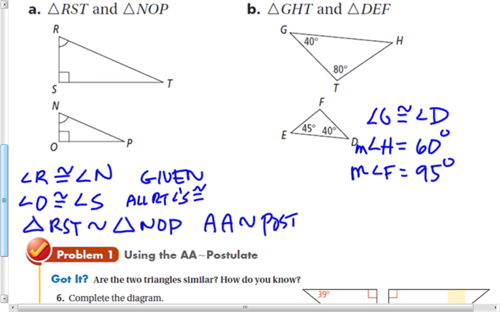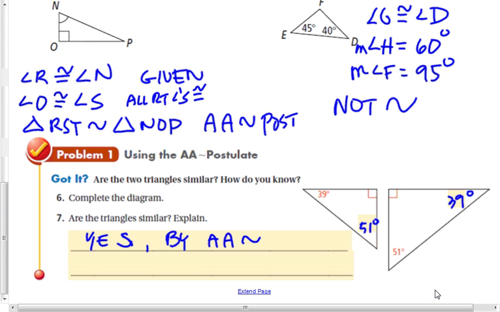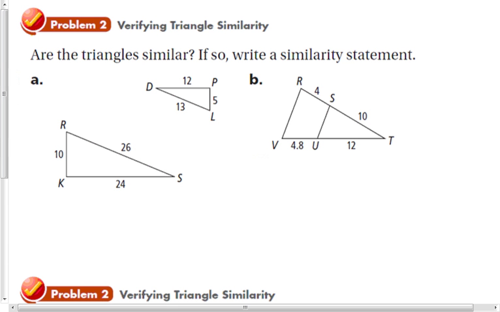So we can tell right now that the two angles are not congruent, so we're not going to say that these two triangles are similar. All right, you try that. Sorry, I said not congruent. What I meant to say there was not similar, since we would need two angles to be congruent.